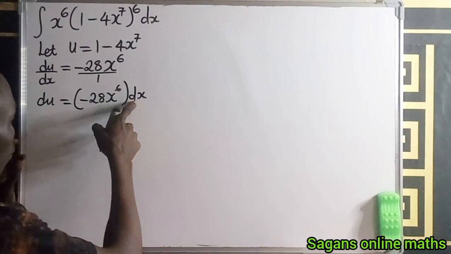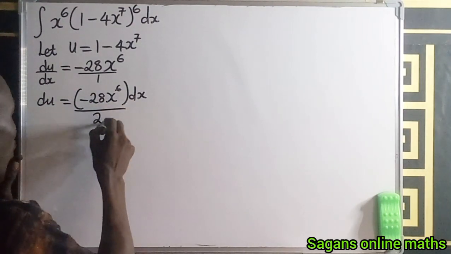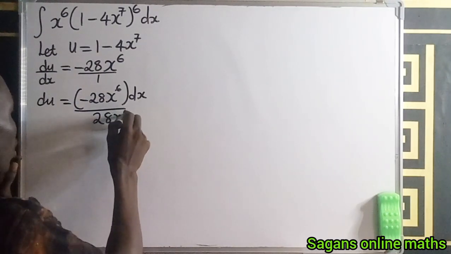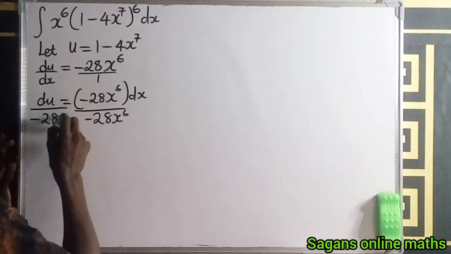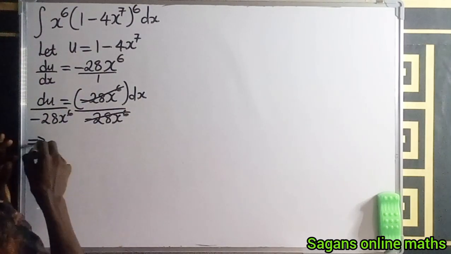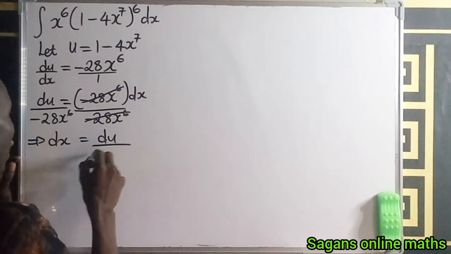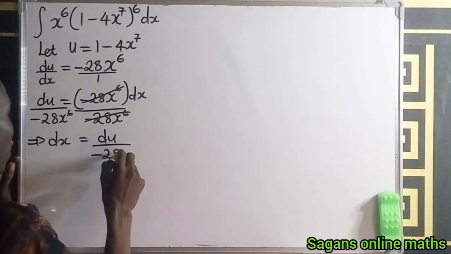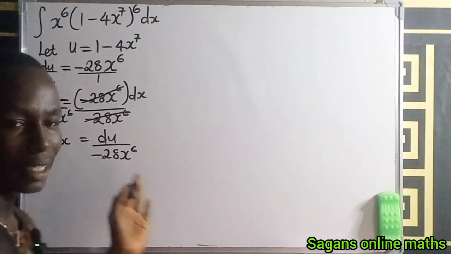To make dx the subject, let's divide both sides by minus 28x to the power of 6. This will cancel out, so dx is equal to du divided by minus 28 multiplied by x to the power of 6. Wow, this is amazing.